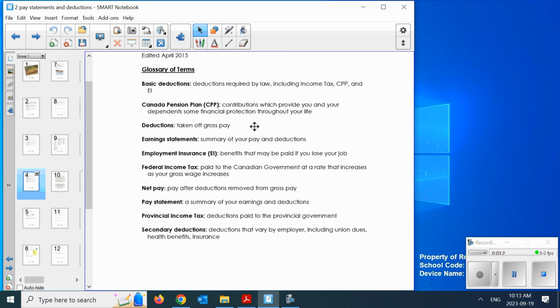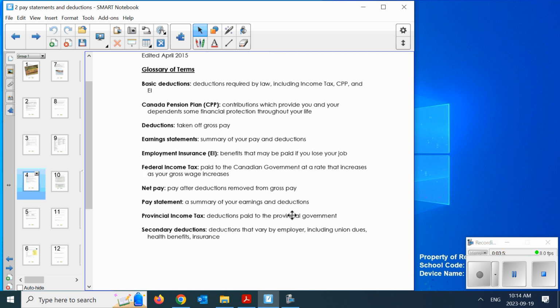As you earn more money, you move up into higher tax brackets for amounts greater than a certain level. Net pay is what you actually get in your pocket after the deductions are removed from gross pay.